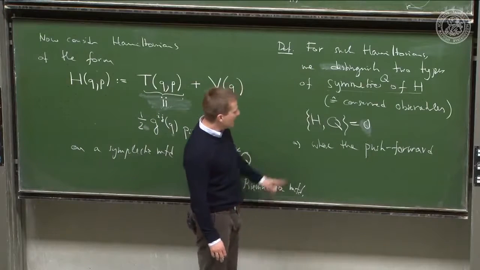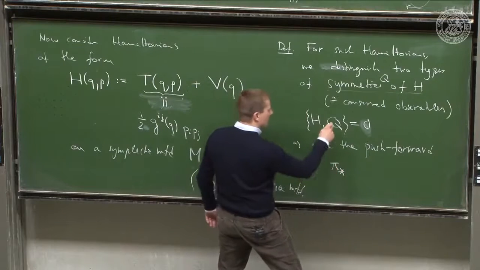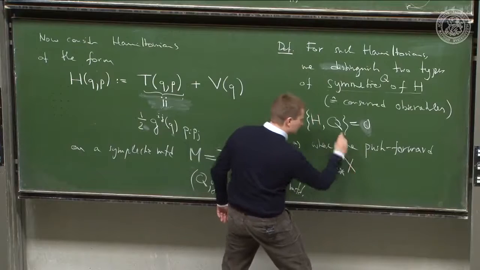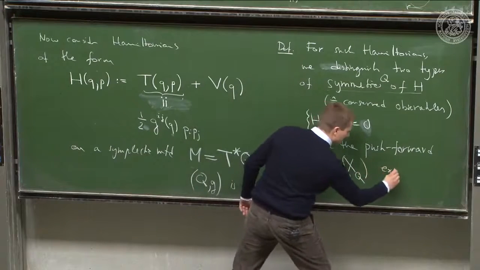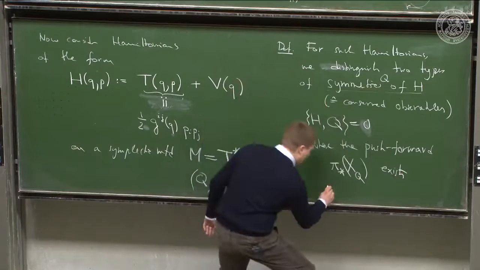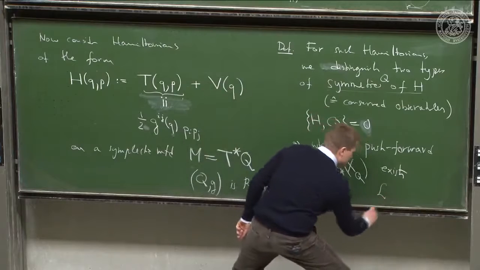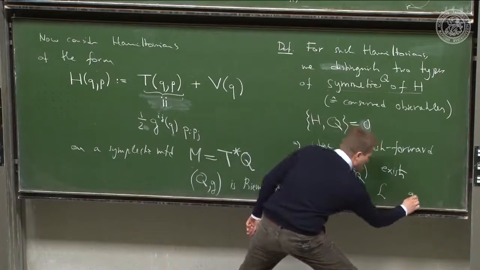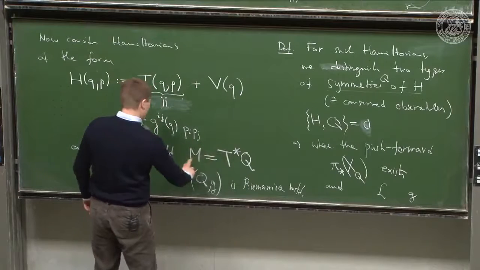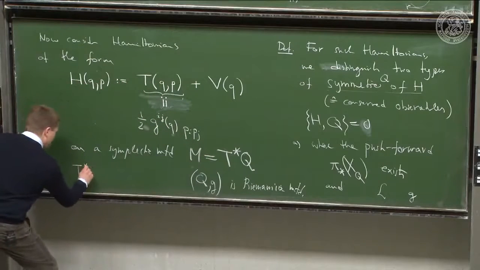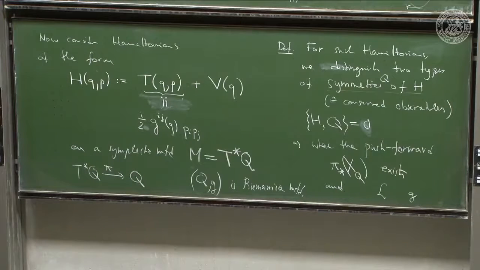The symmetry type A is where the push forward of the Hamiltonian vector field X associated with the symmetry exists. And because it exists, I can require that the Lie derivative of the metric on the manifold down here... you see what we're doing. If M has this structure, then of course from the cotangent bundle down to Q I have the standard bundle projection.